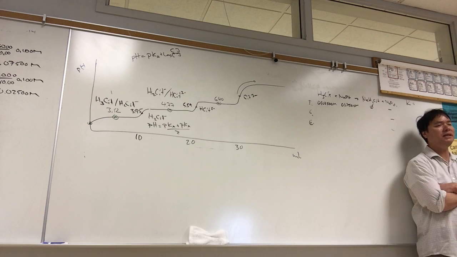Acid hydrolysis. Kb is base hydrolysis. I don't call it base ionization because ionization is, I think, the wrong word for it. It should be base hydrolysis because it's base plus water yields hydroxide and the conjugate acid.